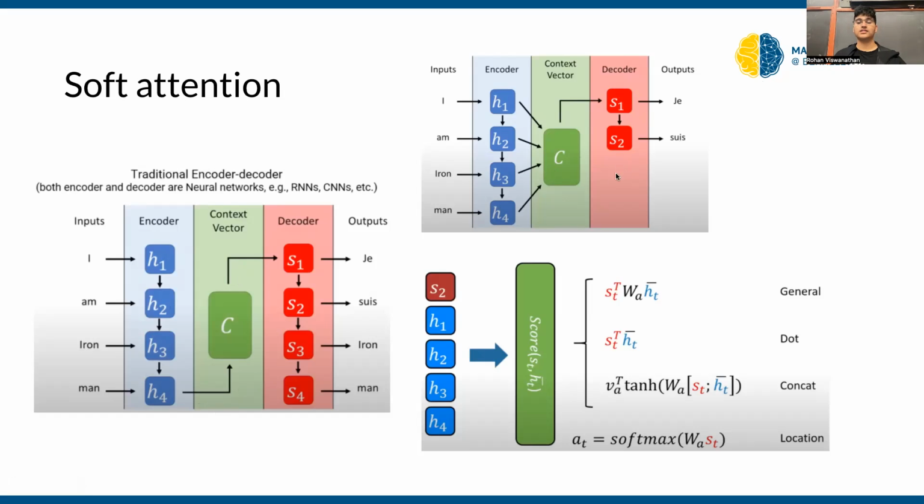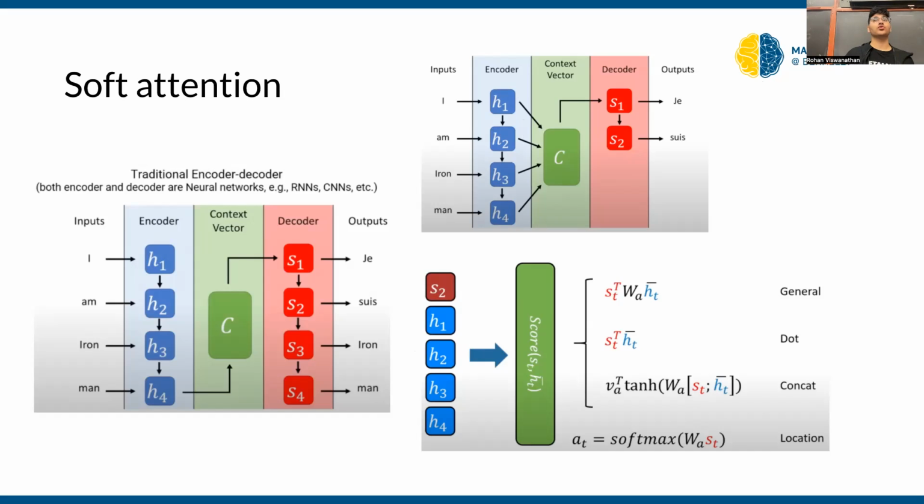In order to come up with S3, we want to take S2, which is our previous guess or our previous representation, and take it with respect to all of our different encodings, these latent representations, which is why our two inputs are going to be an S vector and an H vector, where H is our encodings and S is our previous decoding.